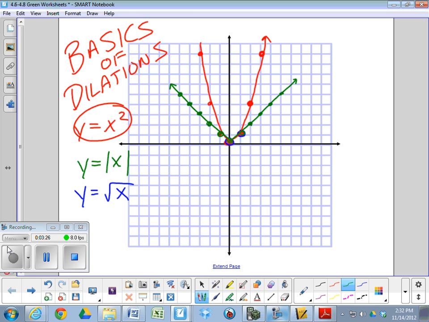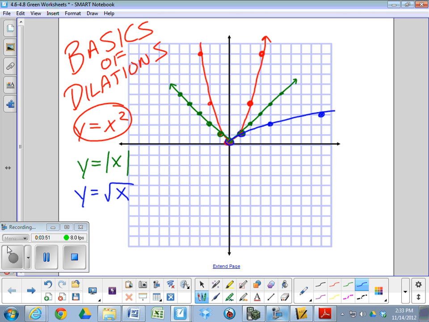Next, we have the square root function, and that's the only one without symmetry. See, the red graph has vertical symmetry, so does the green one, but the blue one only goes in one direction. What's the square root of 4? Just 2. What's the square root of 9? 3. No more plus minus.